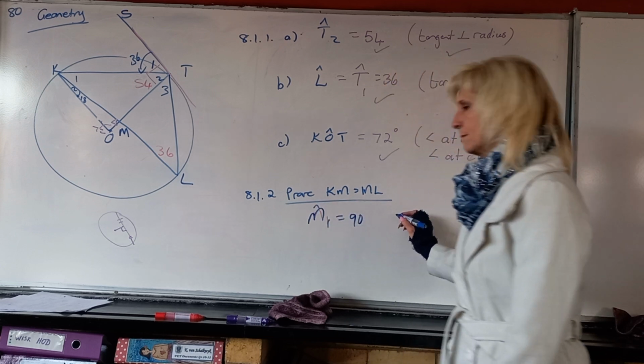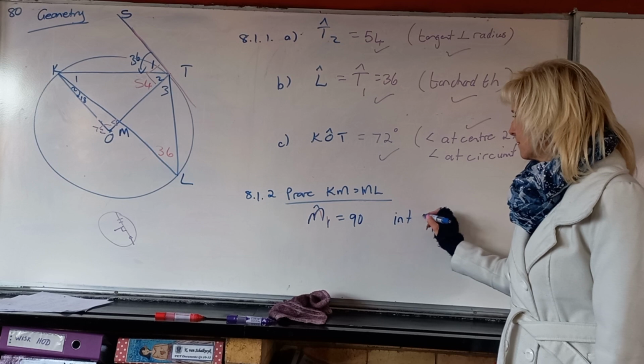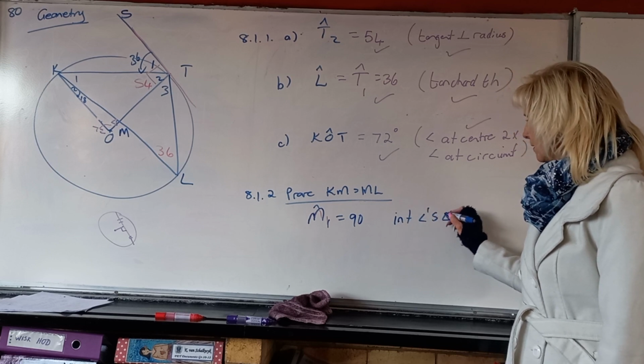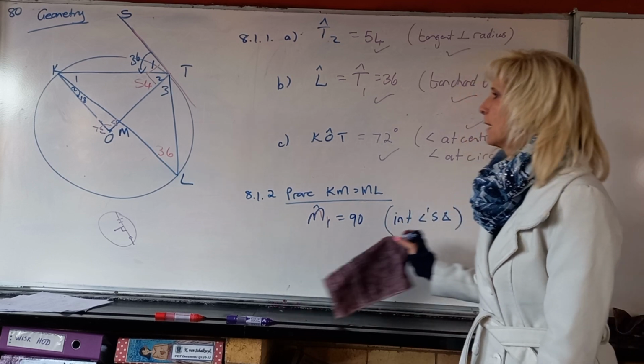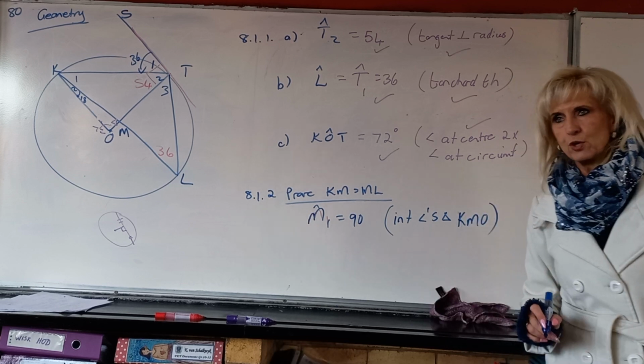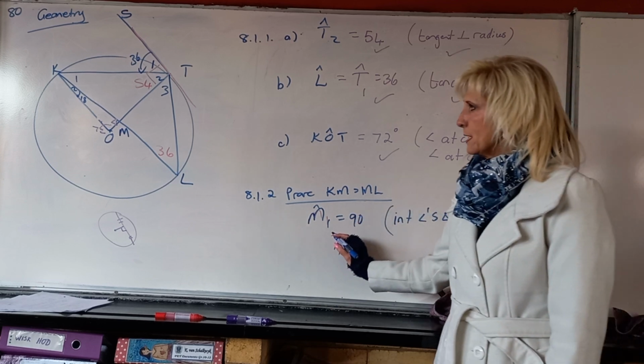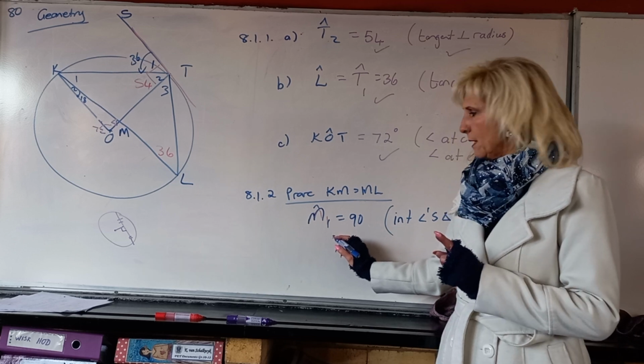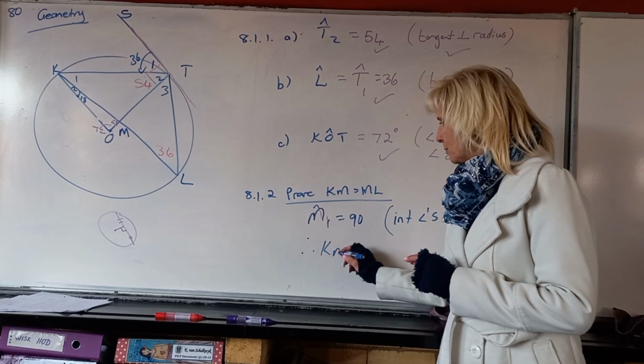The reason? Interior angles of a triangle. You can even say triangle KMO to make sure that they understand where you are. And if M1 is 90, then the theorem is there. That would mean that KM would be equal to ML.